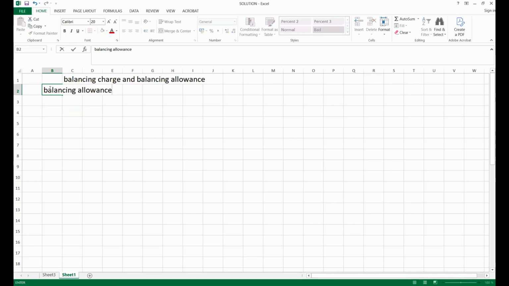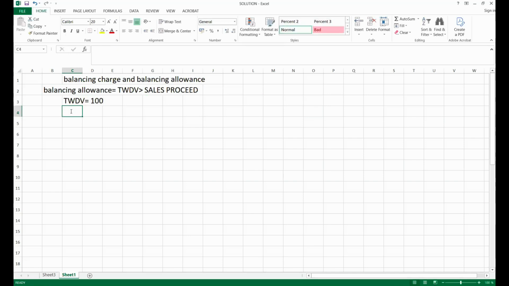So the first one is balancing allowance. This arises when your tax written down value is more than your sales proceeds. Let's say you have a tax written down value of the asset of 100 naira.